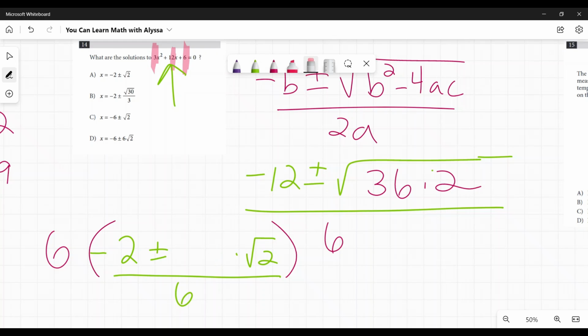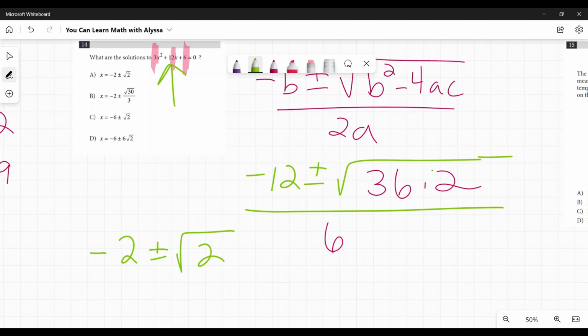What is 6 divided by 6? It's 1. So it just disappears. Now I have 6 times negative 2 plus or minus square root of 2 all over 6. Since this is saying multiply by 6, then divide by 6, or if you know with your fractions, top and bottom can cancel out if they're being multiplied. Those cancel out. And I am left with negative 2 plus or minus square root of 2. Let's scoot that over. Boom. And that is option A.